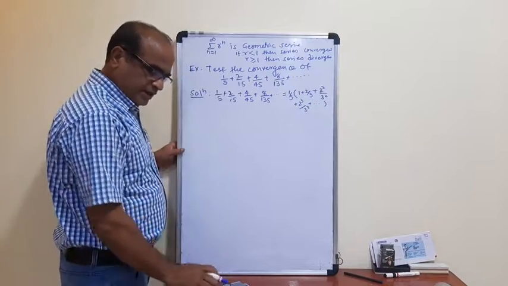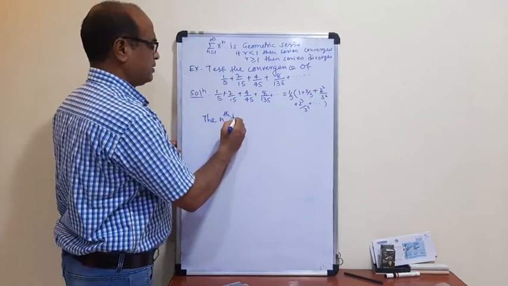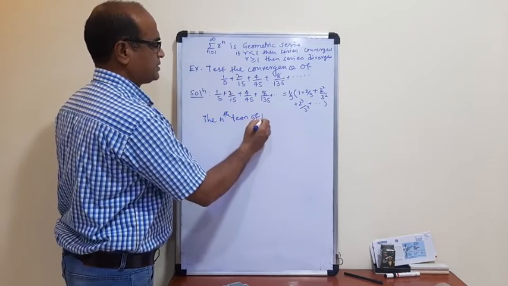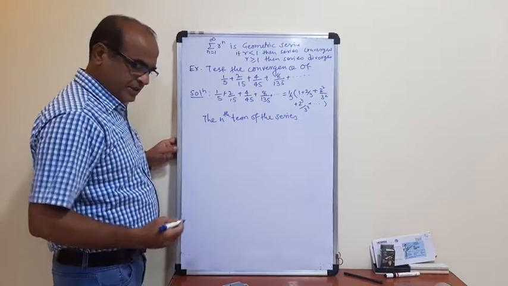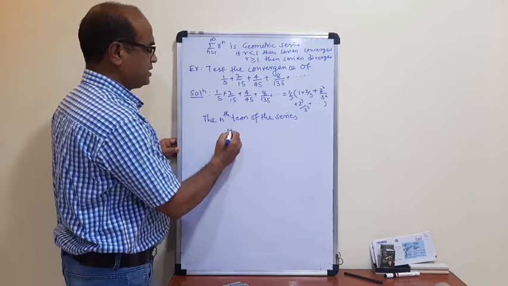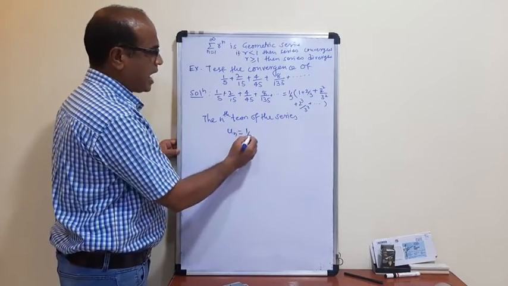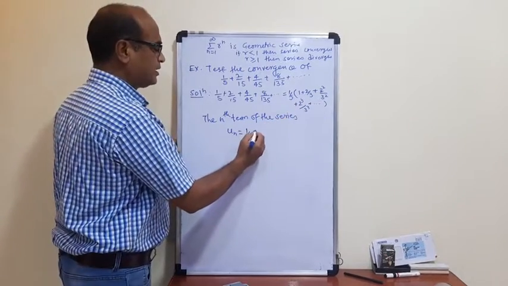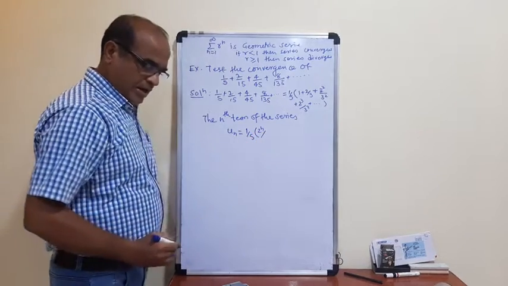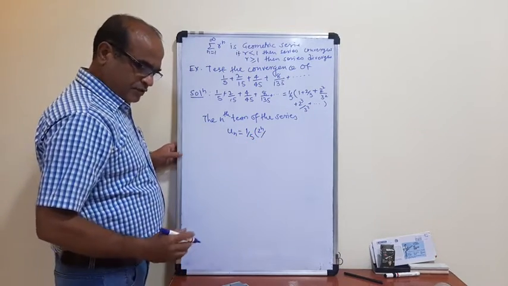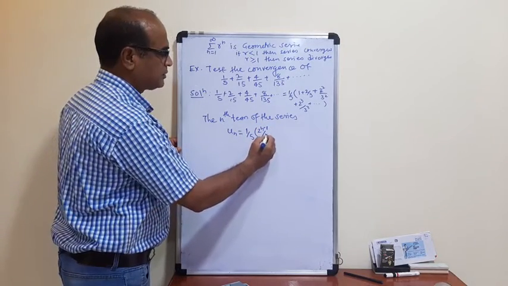So what is the nth term of the series? That is 1 by 5 as it is, and the nth term is 2 raised to n minus 1 divided by 3 raised to n minus 1.